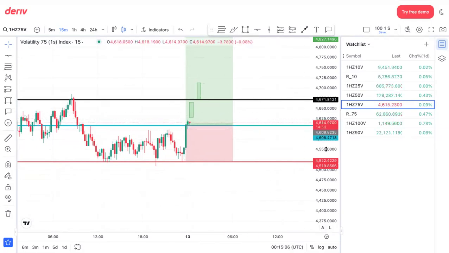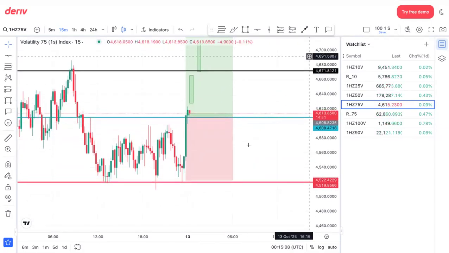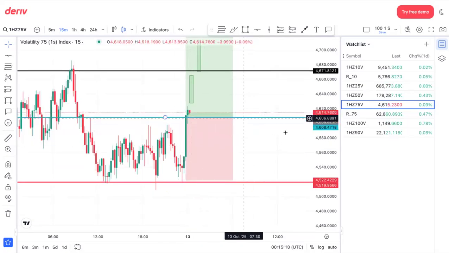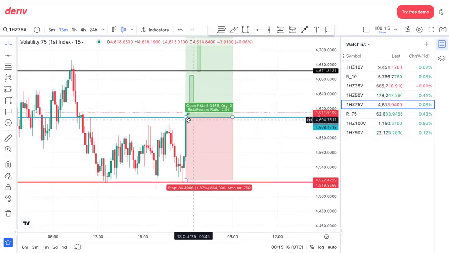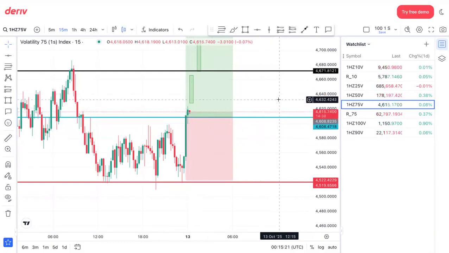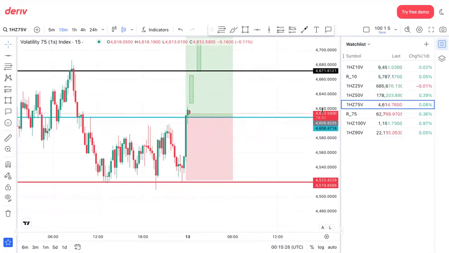All right, so you see what happened with the second candle? Look. See what happened right here. You know what I just said? I said to you guys, you don't move your stop loss until you see what the second candle is doing. You see what the second candle is doing right now? It's coming back to retest.